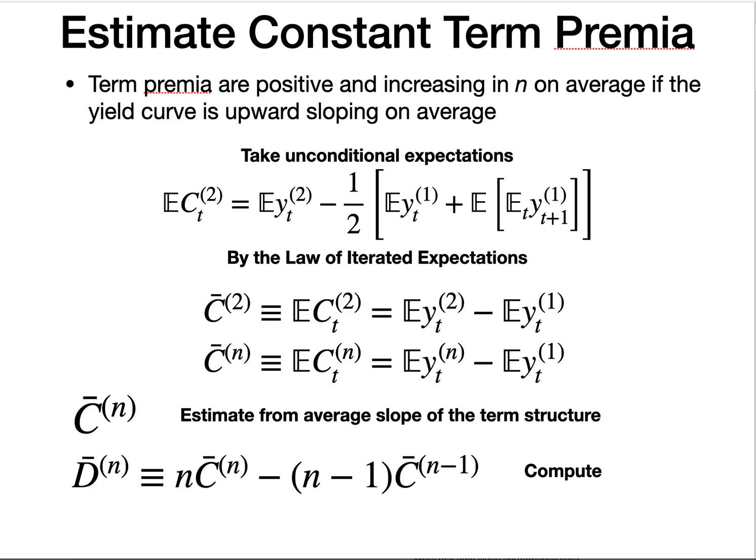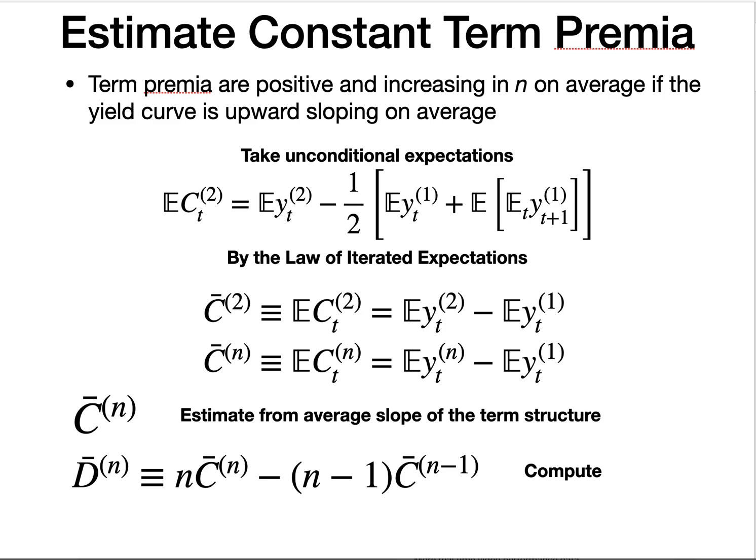But the other input into the model is the term premia. And we're going to be assuming that the expectations hypothesis of the term structure holds, so that term premia are constant over time.